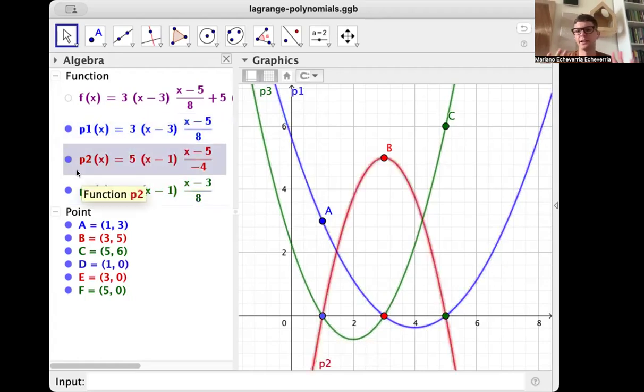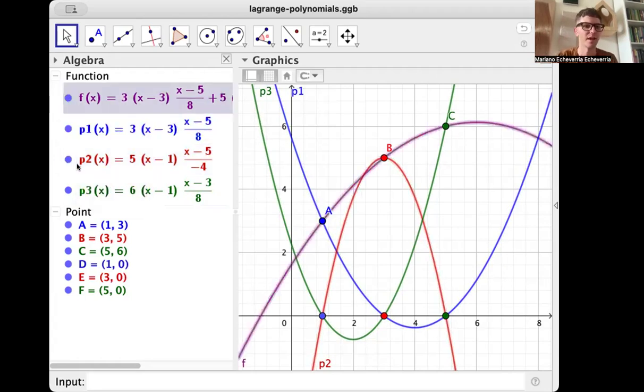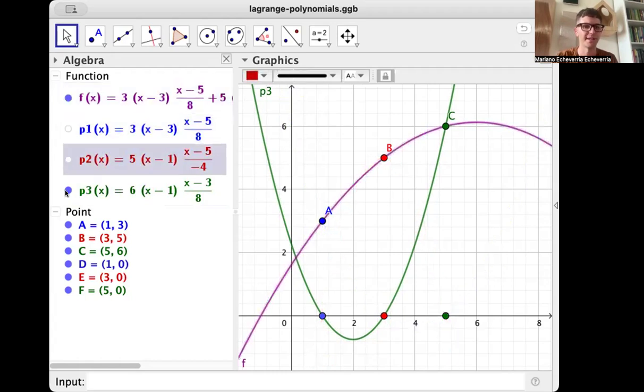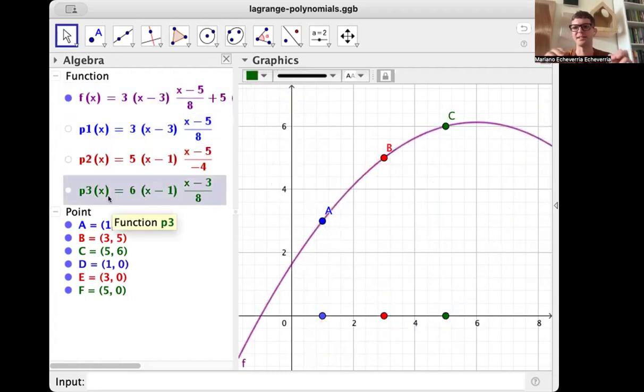And the reason for setting it up that way, so these are the three polynomials, is that once you have set it up with that particular property, if you just add them together, then you will get the polynomial that passes through all the points, because since each is zero almost all the time, it will have the desired property of passing through each of the points.